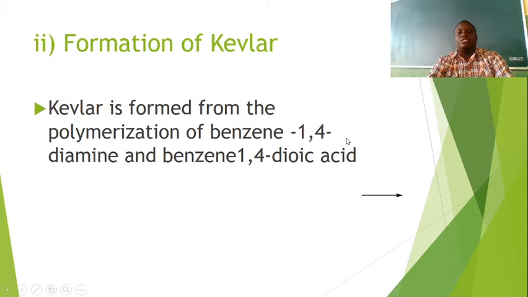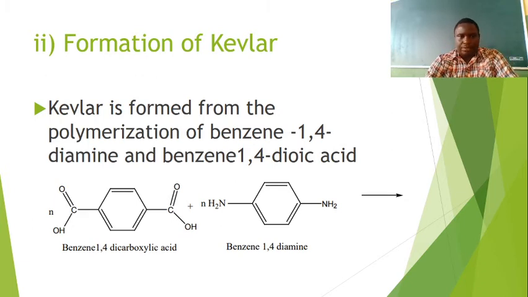Means that there is the acid and the amine. Those are going to make bonds so that there is a formation of amide bond, and then we get multiple units of this. I will show you this also in a good animated video so that you will be familiar with these reactions.